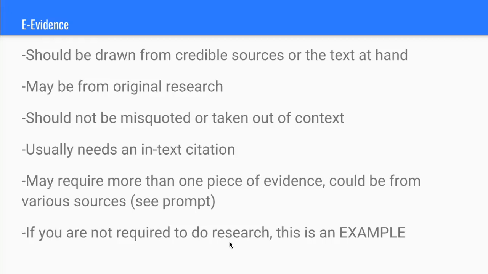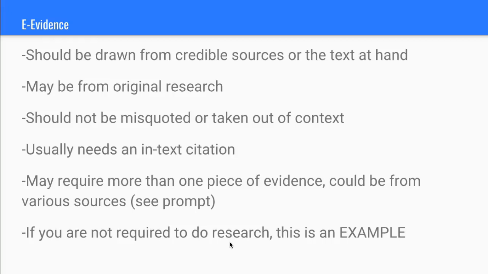Usually you need an in-text citation, so that can be as simple as, according to the biographer of Shakespeare, Richard Dreyfuss, or according to my observations of the parking lot, or wherever it is, you need to kind of explain where that information came from. It might require more than one piece of evidence.